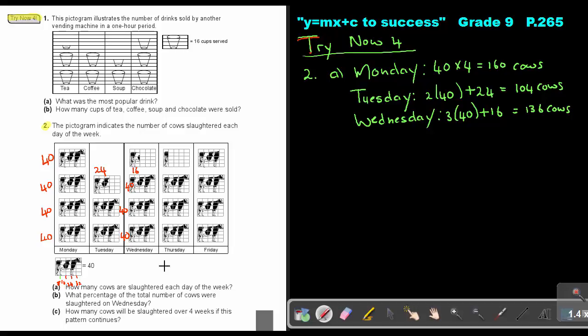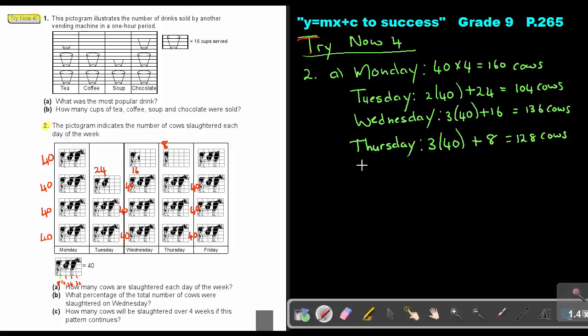Then the next one, Thursday. Remember, this is 40, 40, 40, and this is just one part of the 5, so this will just be 8. So it's again 3 times 40 plus the 8, and that will be 128 cows.